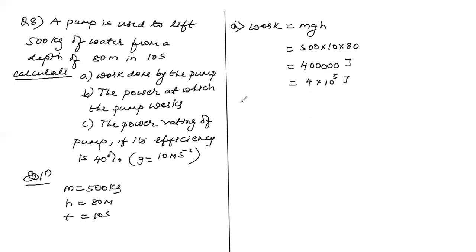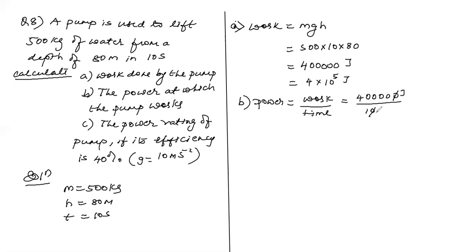Okay, now B part. Power is always work upon time. Power is work done in 1 second, meaning how much work was done in 1 second? That work, how do you get? Work upon time. So power is work upon time. Power is 4 into 10 to the power 5 joules upon time, which is 10 seconds.